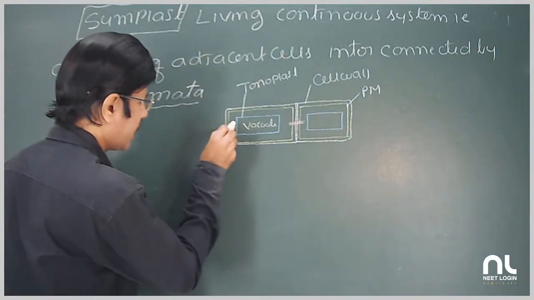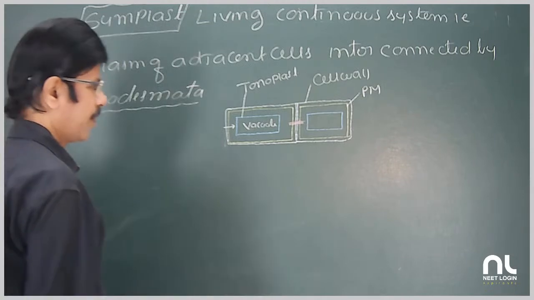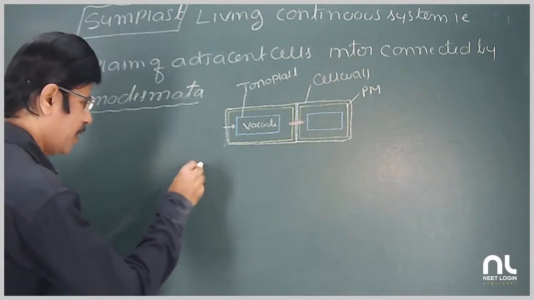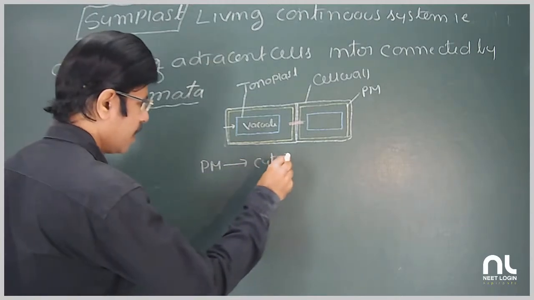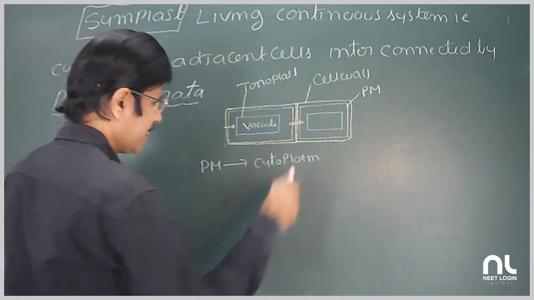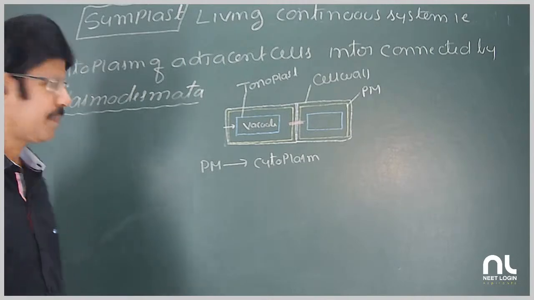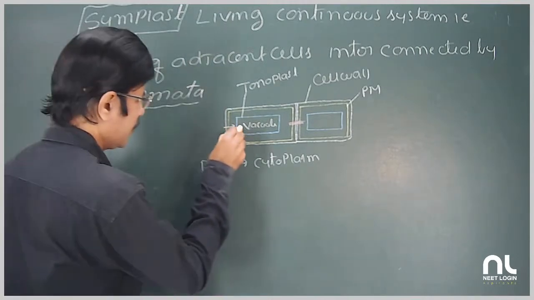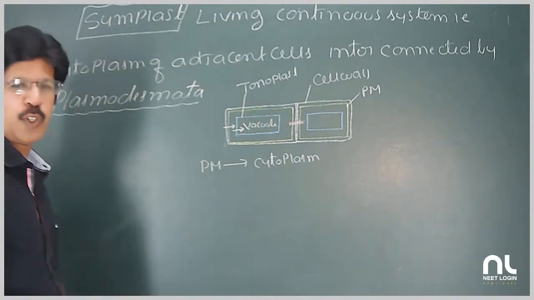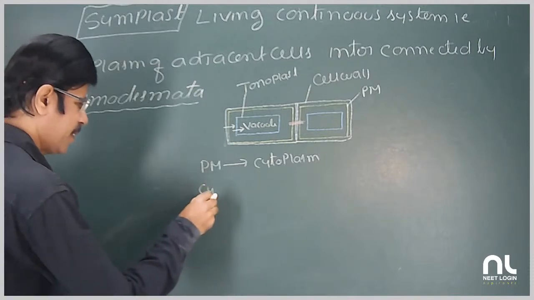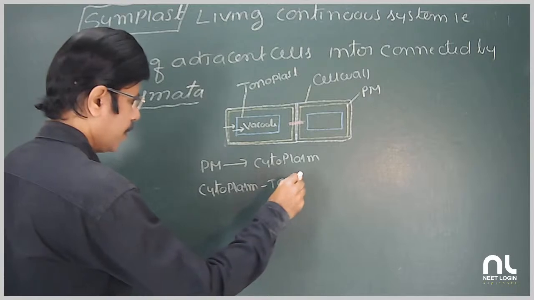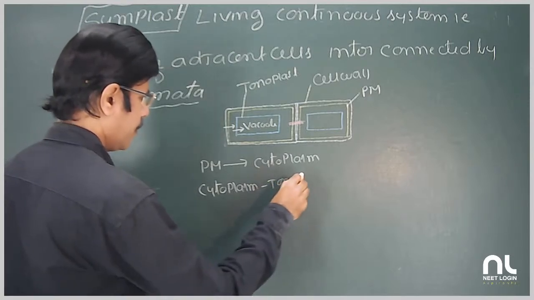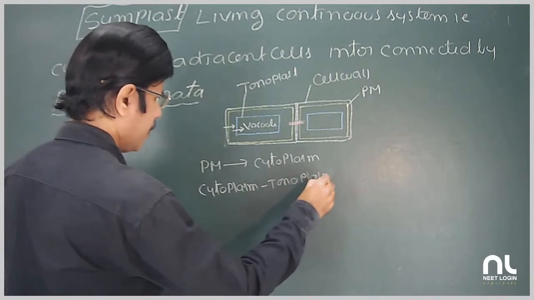Water crossing the membrane. Okay. So plasma membrane to cytoplasm, cytoplasm to tonoplast, by crossing the membrane.